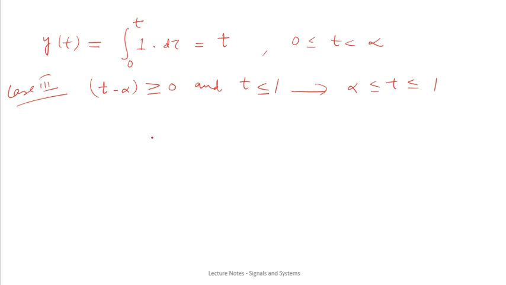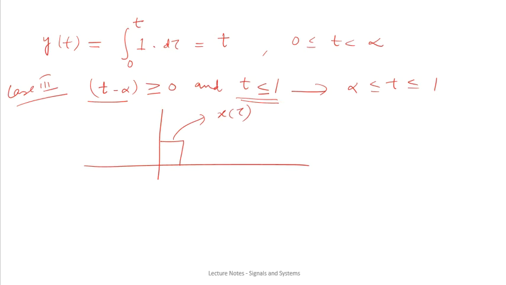Okay, so again you have to plot both the signals. Obviously this x(tau) will remain the same. Now what will be this h(t minus tau)? You can see that t minus alpha is greater than or equal to 0, but t is less than or equal to 1. So somewhere in between this x(tau), h(t minus tau) will come. You can represent it by this waveform.